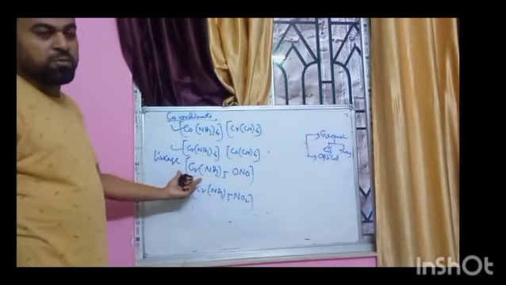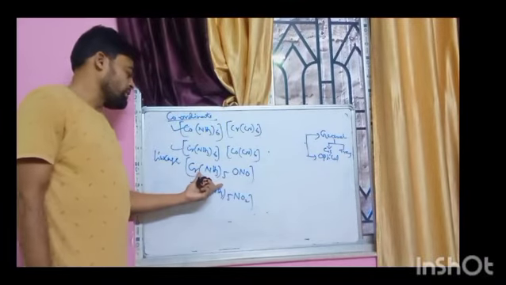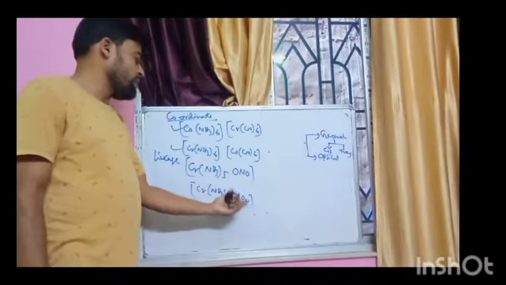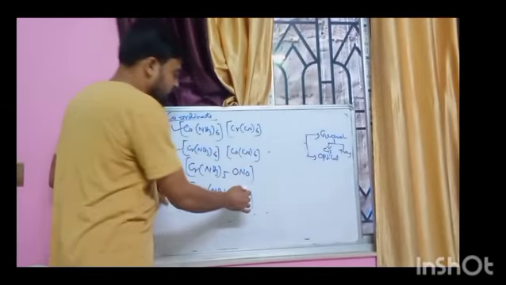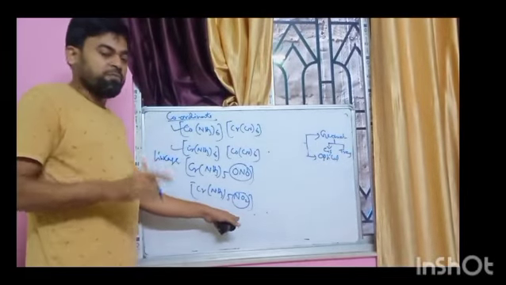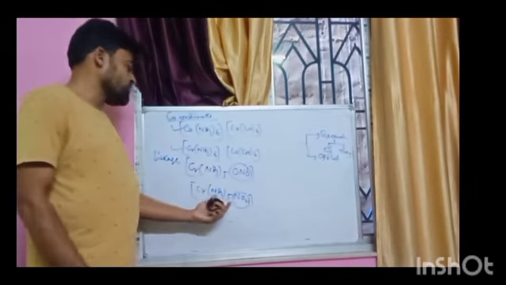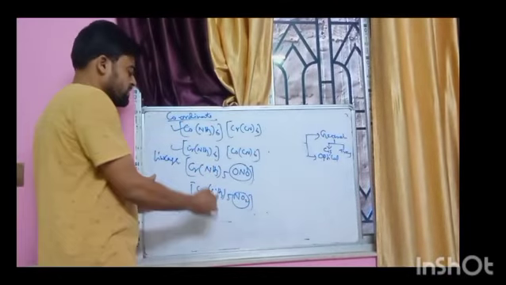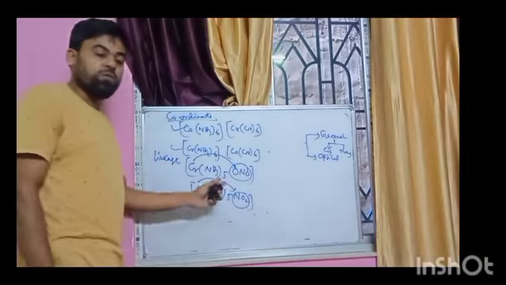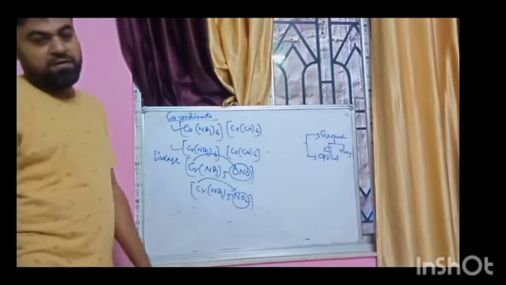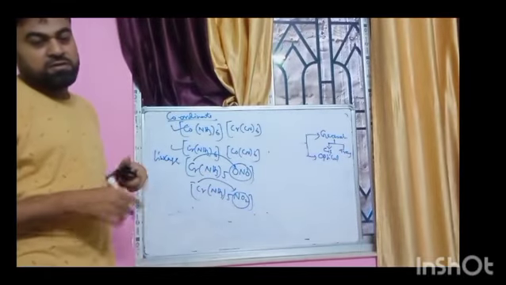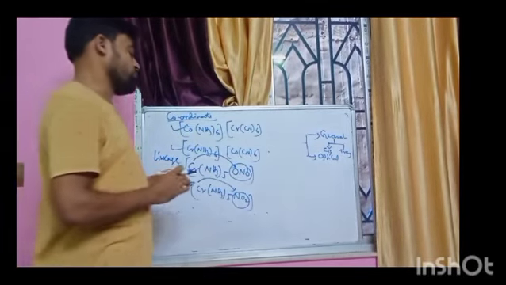Chromium is the central metal with five NH3 bonded directly and one NO2 group. Here NO2 and here ONO, that is nitro and nitrito. In the nitro group, the central metal ion is directly attached to N, but here the central metal ion is attached to O. The linkage to the central metal ion is different, so it is called linkage isomer.